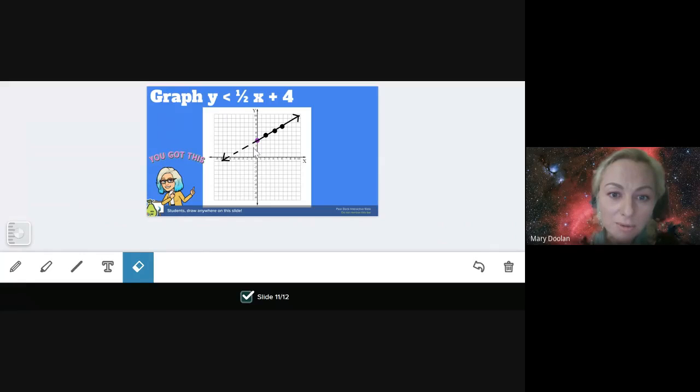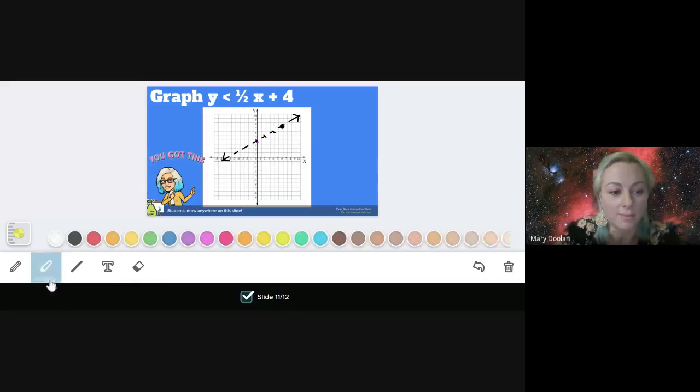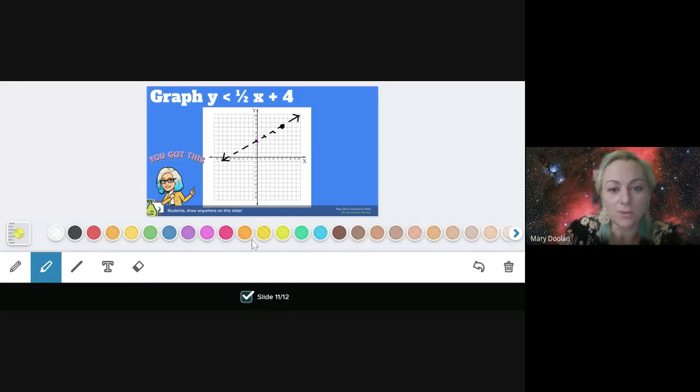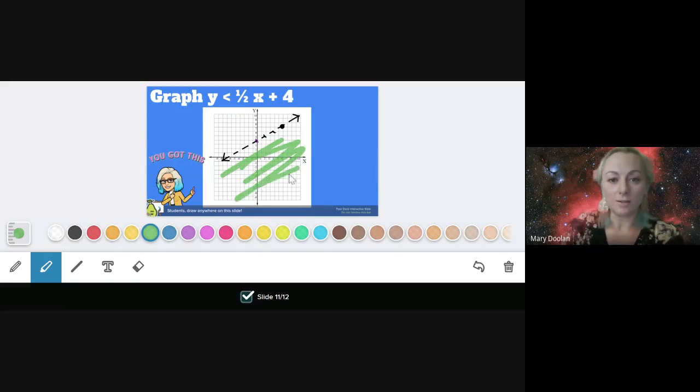So then I'm going to come through and I'm going to erase parts of it, because it's less than, it doesn't include the line. And maybe I'll use the highlighter to shade the side I want. You can use any color. I'm going to use green. Less than, well, where's y less than? It's over here. Okay, so that's how you do that one.